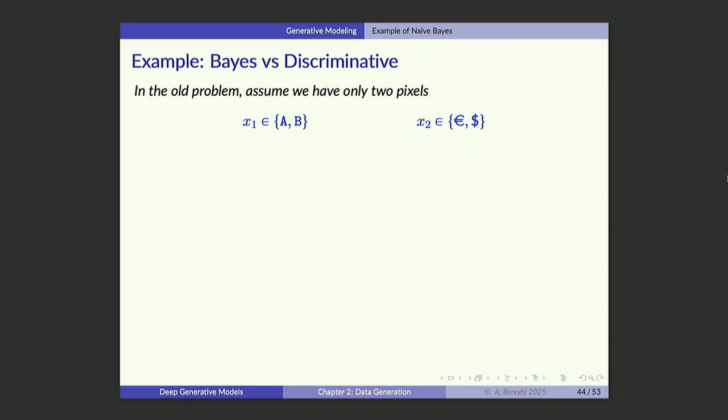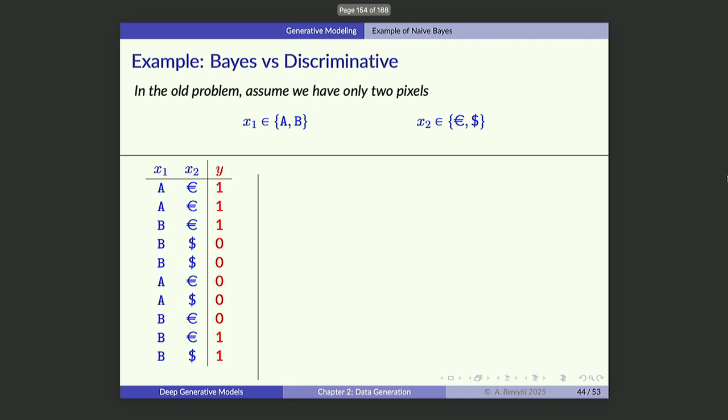Now I have these 2 pixels, and I go ahead and collect a bunch of samples. For the first sample, for instance, the first pixel is A, the second pixel is euro sign, and the label is 1. For the next one, I have A, euro sign, and again 1, and so on till the last one. I have 2 of these, and for example B, dollar sign, 0, and so on till the end.